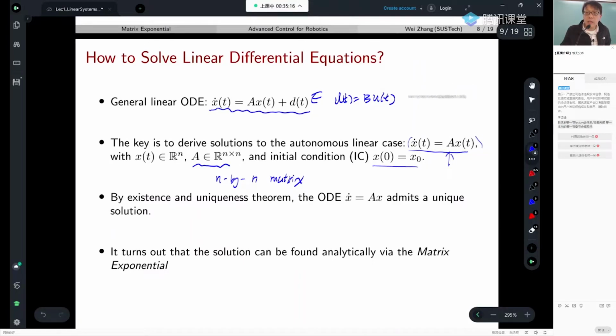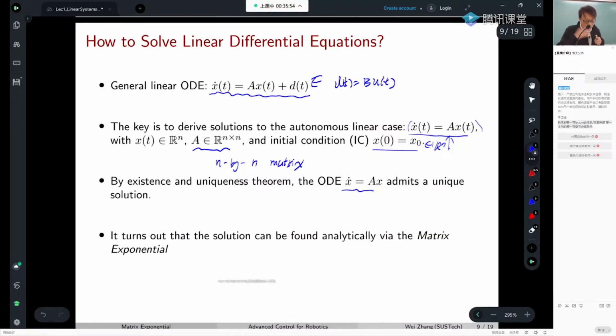Again, we will give an initial condition, which of course is an initial point in R^n. How do we solve this equation? By the existence and uniqueness theorem, we know this ODE always has a unique solution. That's very important. It means whenever you find a solution, that's it, there's no other choice. Now it's just how clever you are, whether you can somehow find a solution that satisfies the differential equation.